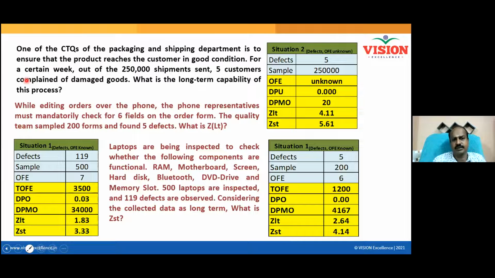It will do it for you. You can feed anything you wanted to feed, and then only see here the light blue color, that is the input area, and yellow color are the result. Whether they are asking for you to calculate DPMO, they are asking you to calculate ZLT or ZST, this will give you. You can solve n number of problems once you have the template. Is that clear? Are you getting?